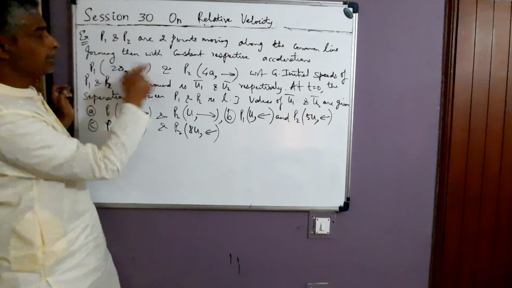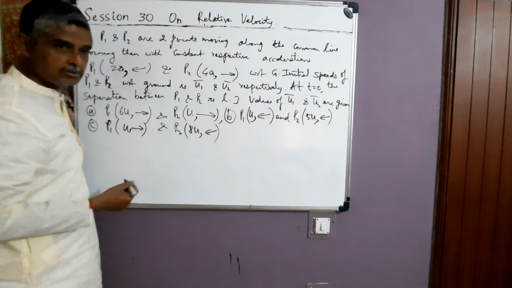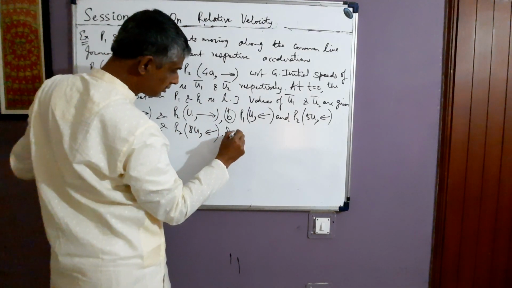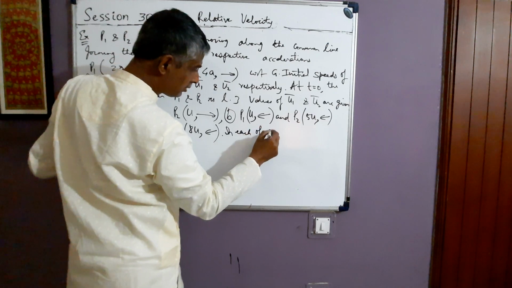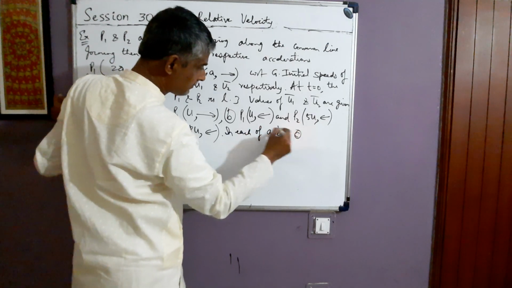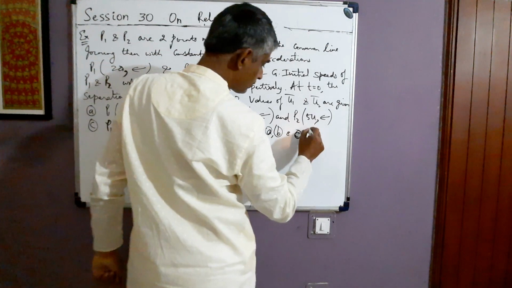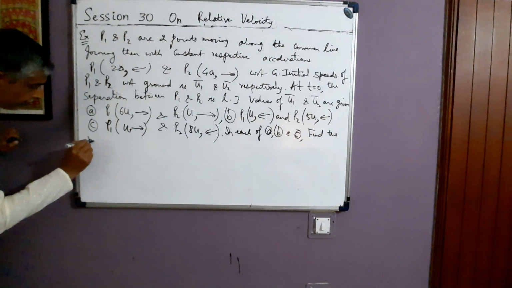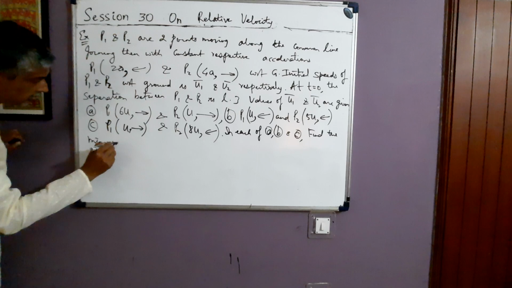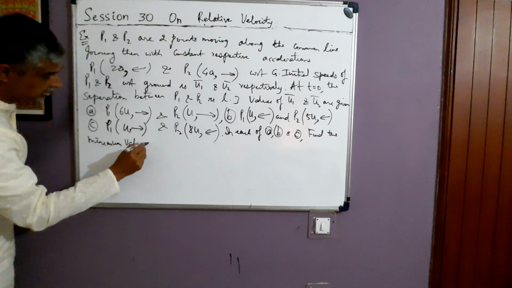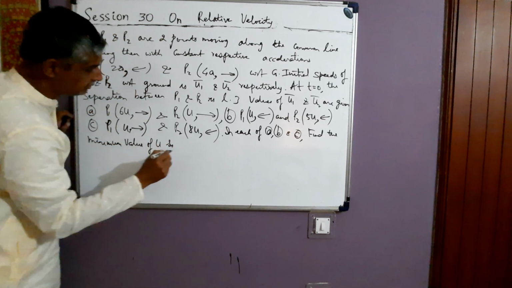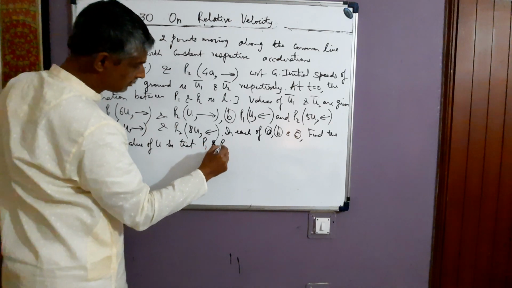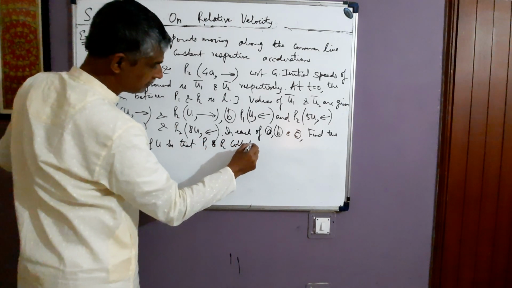Acceleration values are 2a and 4a, they are common for all three of them, A, B, C. In each of A, B and C, find the minimum value of U so that P1 and P2 collide.